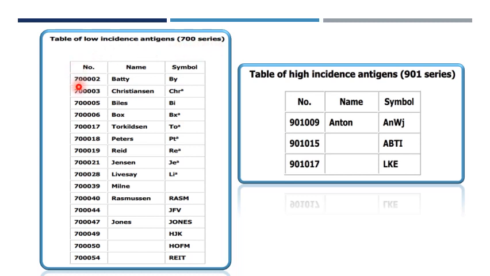As you can see, all the first three numbers are replaced with 700, followed by the number of the antigen. Here is the table for high incidence antigen or the 901 series. So the first three numbers are replaced with 901, followed by the number of the antigen.